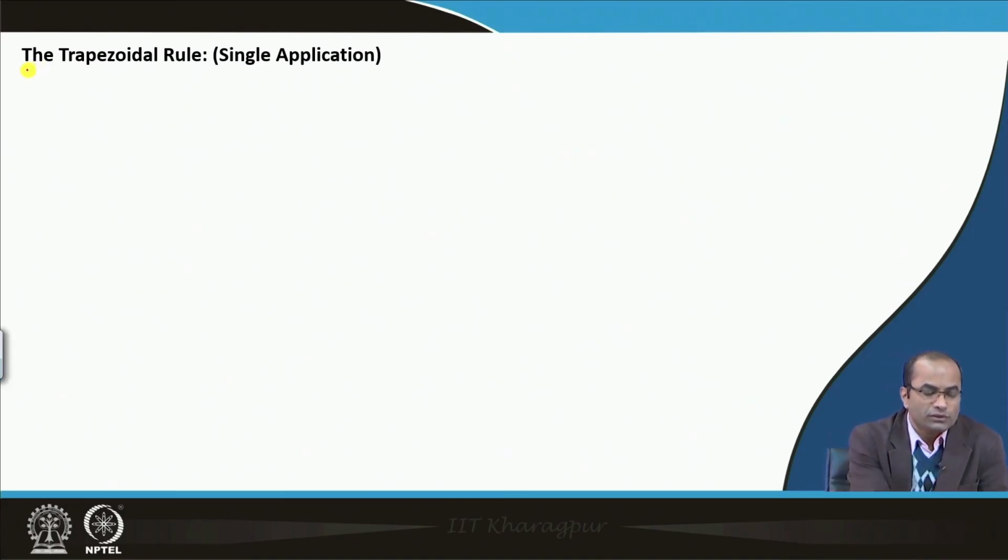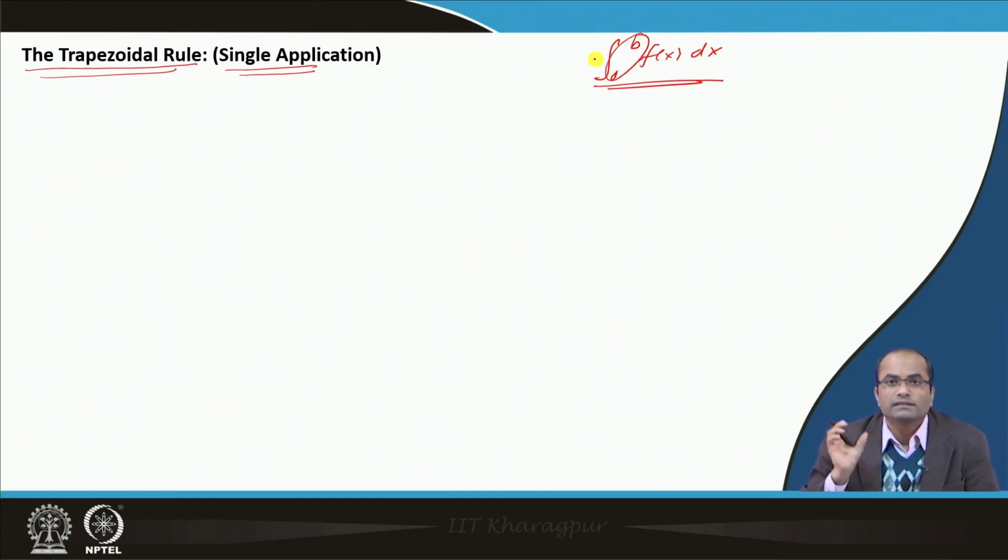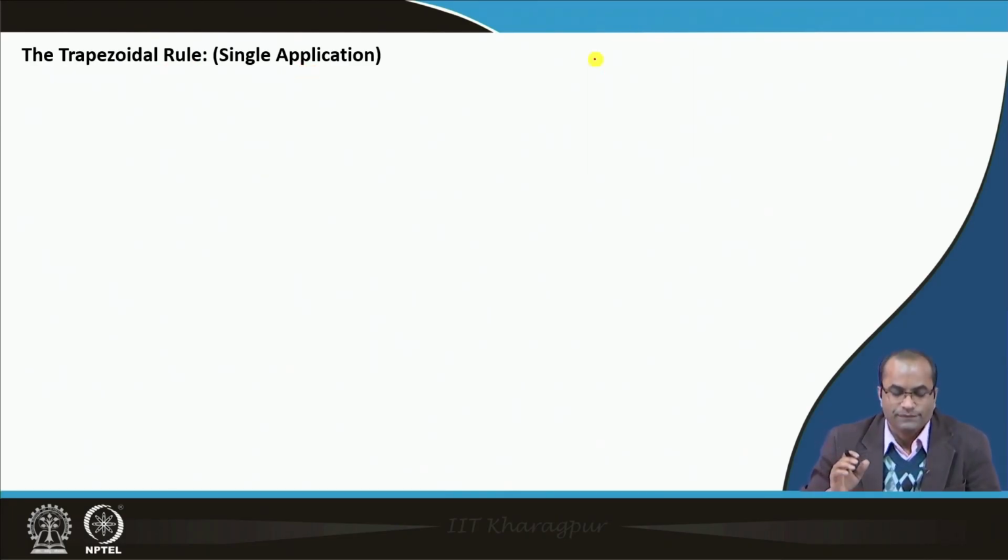The first Newton-Cotes rule we will discuss is the trapezoidal rule, where we will be talking about a single application, meaning that the given integral from a to b, for instance f x dx, we will just consider as a single integral from a to b.